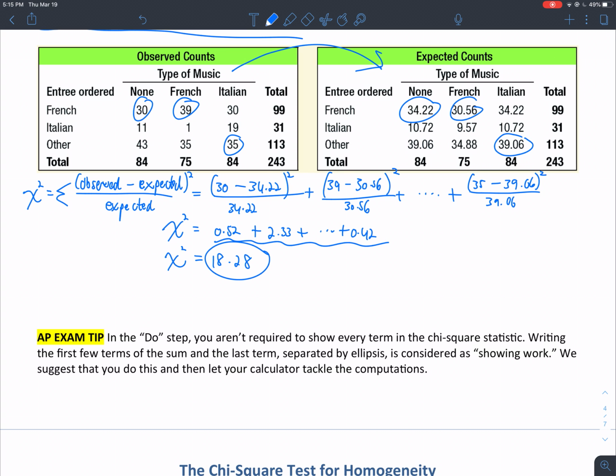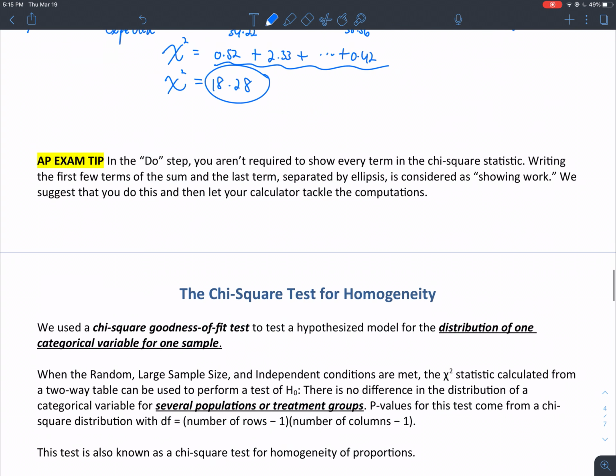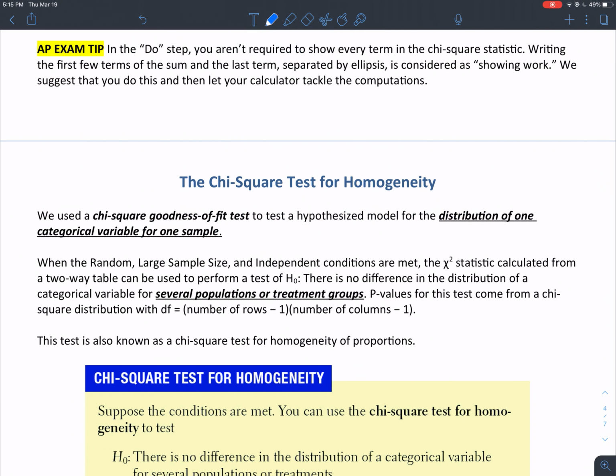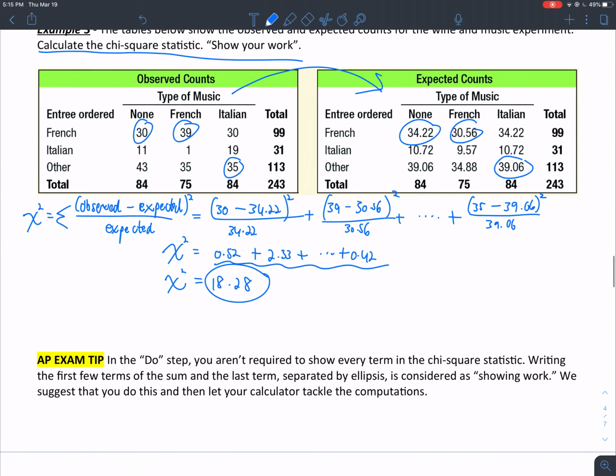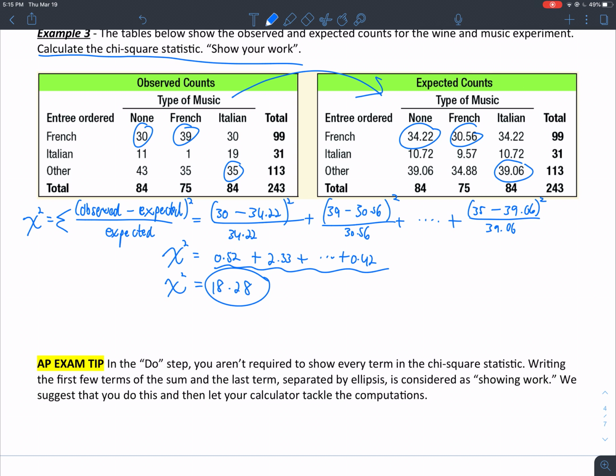You know how to do this, and technically you know how to do the p-value too, because the p-value is just this question: what's the probability that chi-square is greater than or equal to 18.28? You can do that using chi-square CDF. You know how to do that on your calculator.